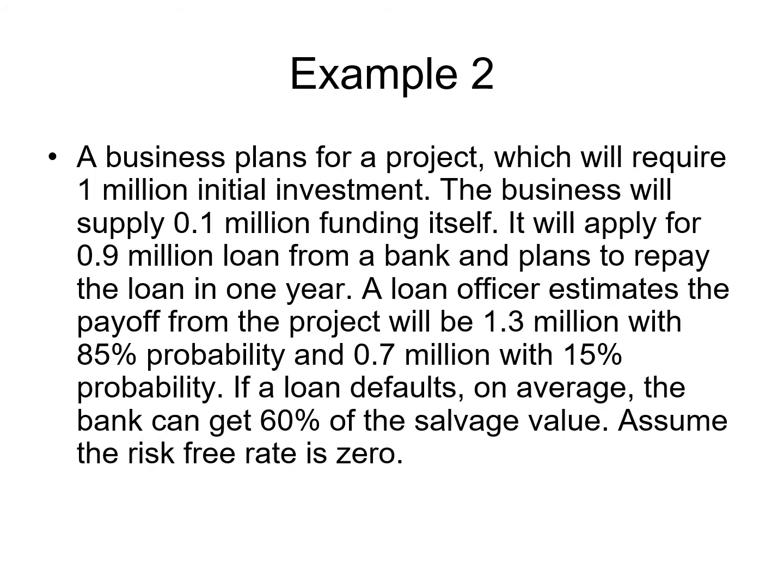Example 2. A business plans for a project which will require 1 million initial investment. The business will supply 0.1 million funding itself. It will apply for 0.9 million loan from a bank and plans to repay the loan in 1 year.